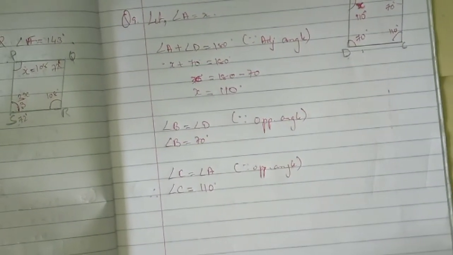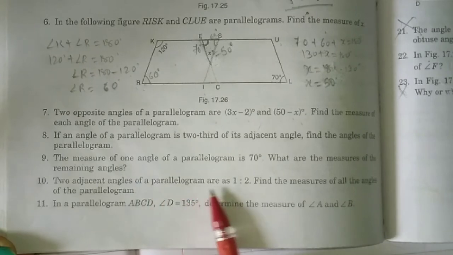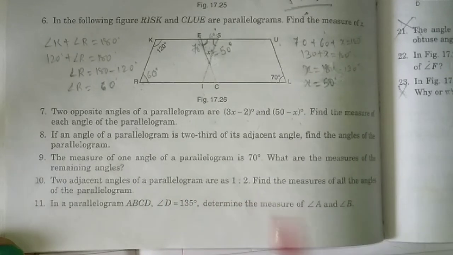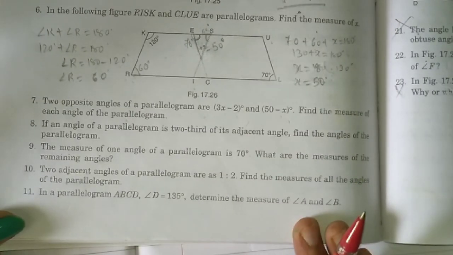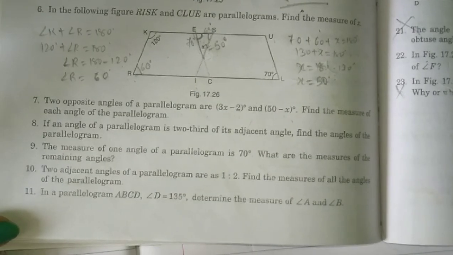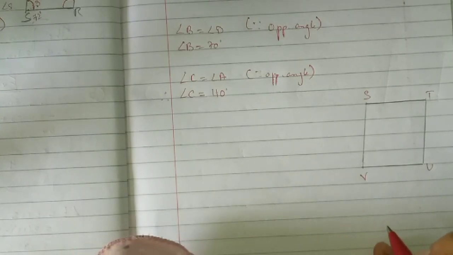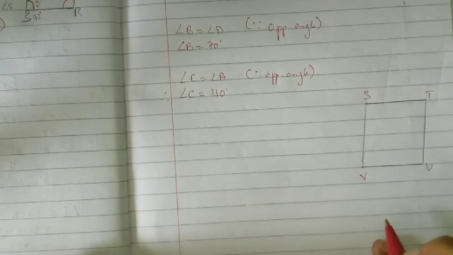Now let us see question number 10. Two adjacent angles of a parallelogram are in the ratio 1:2. Find the measure of all the angles of the parallelogram. Now you have been given two adjacent angles in ratio. Okay, one angle and another in ratio 1:2, and we have to find the rest of them.